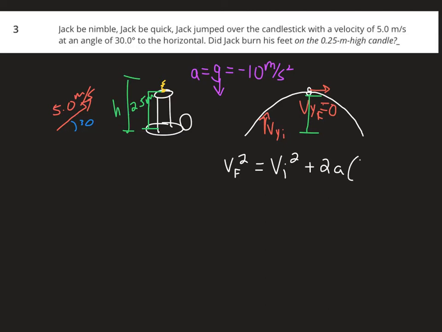I'm just going to change that to h, because that's what we're solving for, the height. And I'm going to change this a here to a g, because that's really what we're looking at as well.